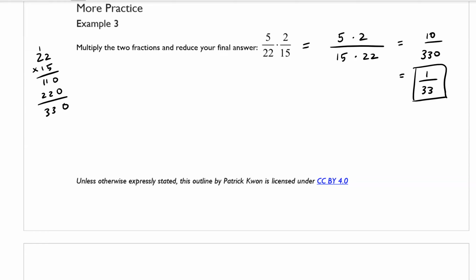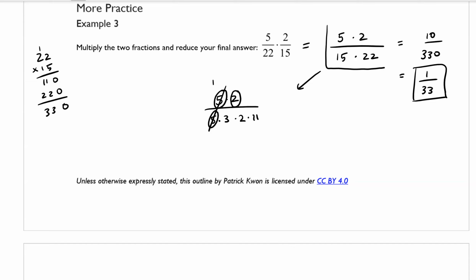Another way of getting there is I could rewrite this fraction as 5 times 2 over, I'm going to separate 15 into 5 times 3, and I'm going to separate 22 into 2 times 11. Now notice the 5 in the numerator and the 5 in the denominator, 5 divided by 5 is 1, so those will essentially cancel out.